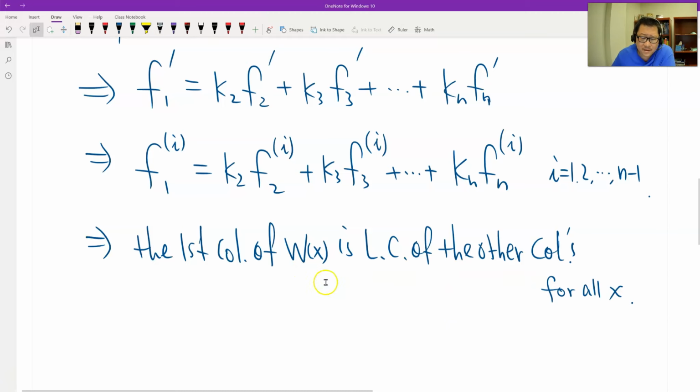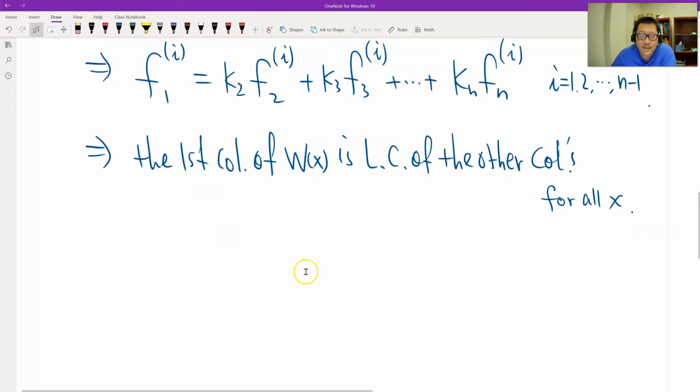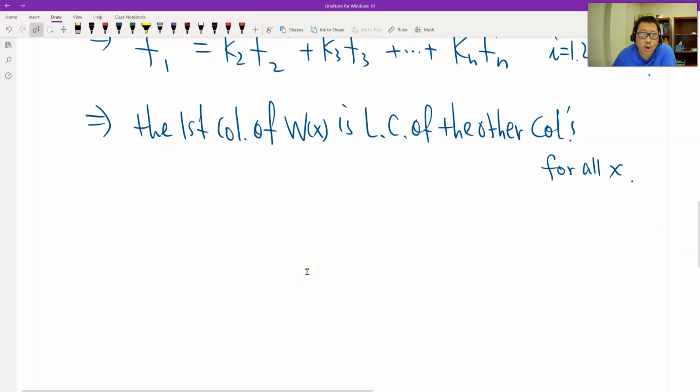What does this mean? By the property of determinants, if one column is a linear combination of all the other columns, then by column operations we can make the first column all zero. Then we can use cofactor expansion, and the determinant is zero. Easy, by some property we learned in chapter 2.